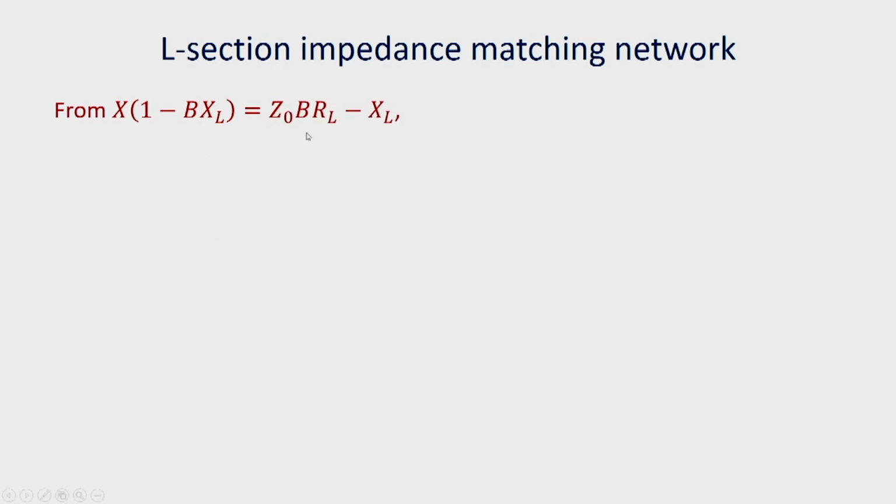So, from this equation we can write X in terms of B, XL, Z naught and RL. So, X can be written as Z naught B RL minus XL divided by 1 minus B XL. Now, what we can do?